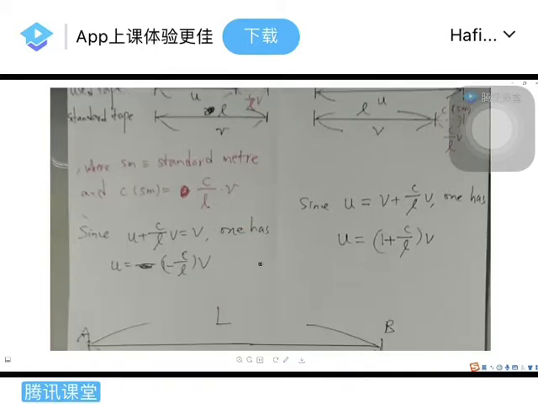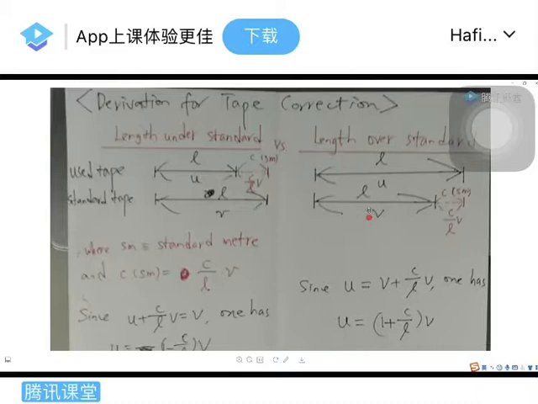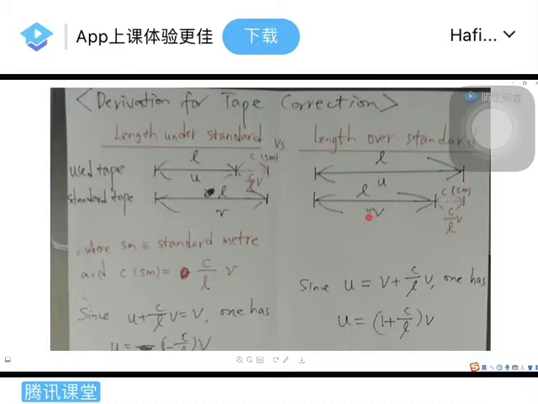Okay, on to the next bit. But how about the reference? It's the same approach. This length, the physical length U. You can treat this length as a unit.